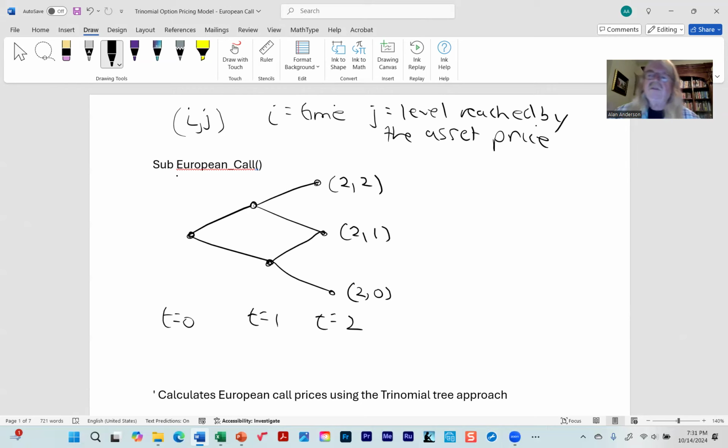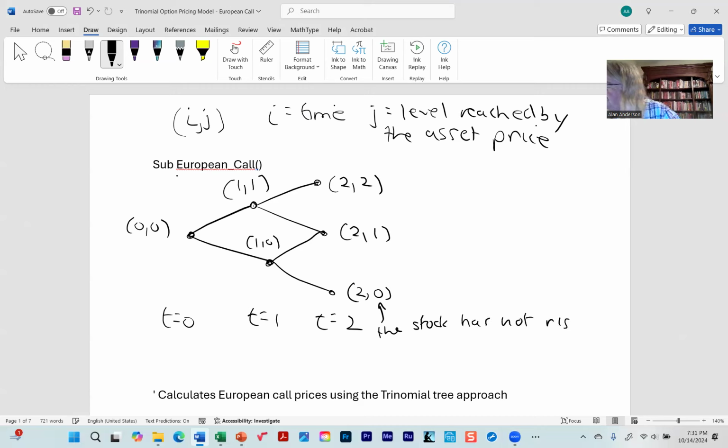The second one is the level, meaning from the bottom branch. This one would have been 1,1, 1,0, and then 0,0. So interpret this 0 down here to mean the stock has not risen ever.